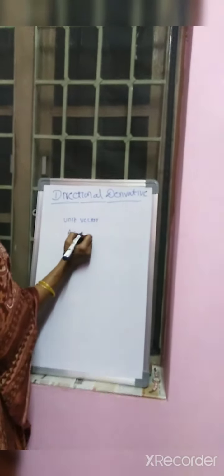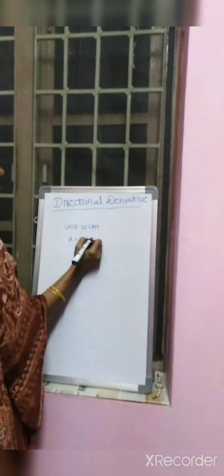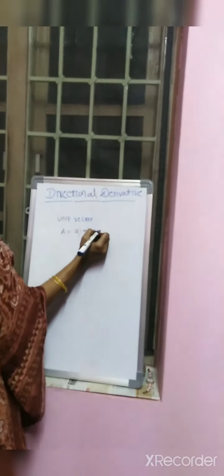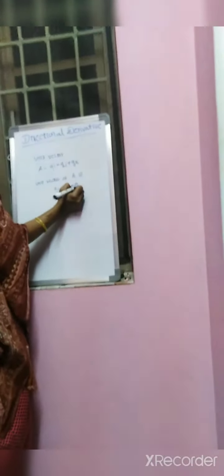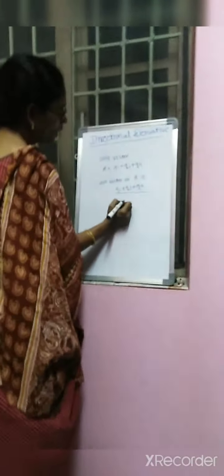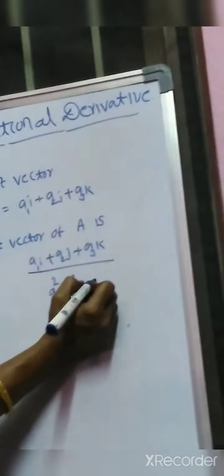Suppose A is equal to A1 i plus A2 j plus A3 k. Then the unit vector of A is A1 i plus A2 j plus A3 k divided by the square root of A1 square plus A2 square plus A3 square. This is the unit vector of A.